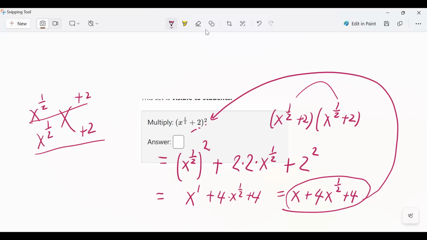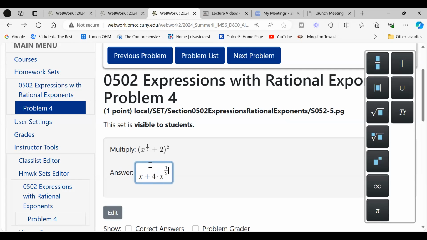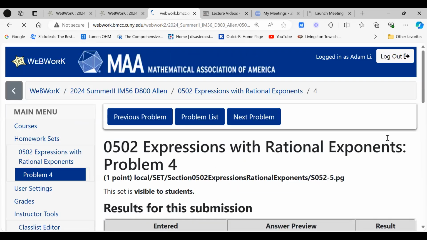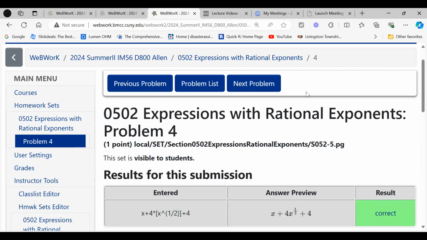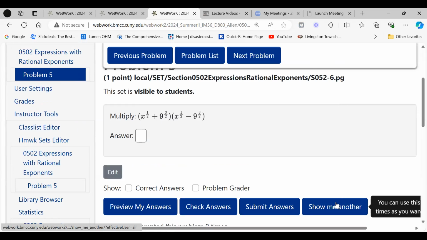So that's the answer for this question. So x to the half plus 2 squared. Let's do it. Yeah, it's correct. All right, you try one of these.